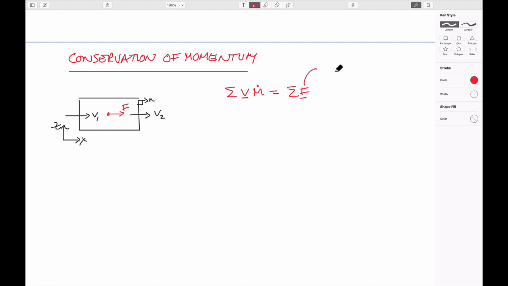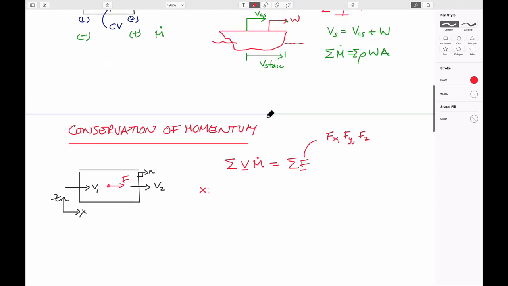These are each forces in the x, y, and z directions, but typically we resolve one at a time. And so if we resolve, for instance, in the x direction, then we just use one component. We can also be aware of the fact that we can use the static velocity here to substitute into this.